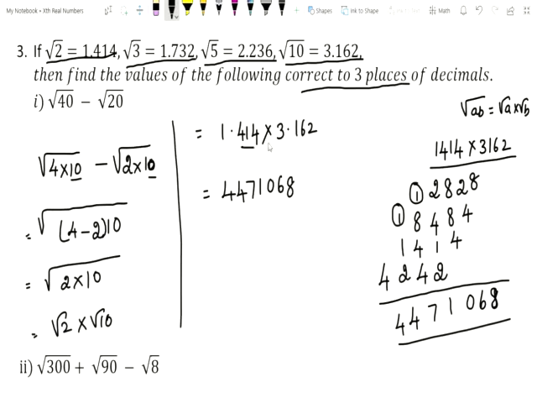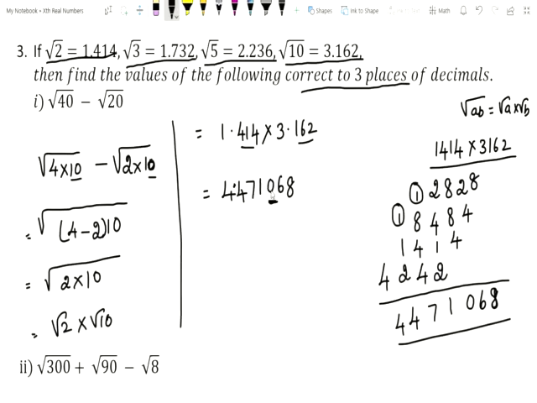Now see the question. Here 3 decimal, 3 decimal. So 3 plus 3, 6 decimals we need to keep. 1, 2, 3, 4, 5, 6. Here you should keep the decimal. Okay. But in the question, correct to 3 places of decimal. So 3 places of decimal means we have to see the fourth place. We need to check if the fourth place number is 5 or more than 5. If it is 5 or more than 5, you should add 1 to the previous digit.